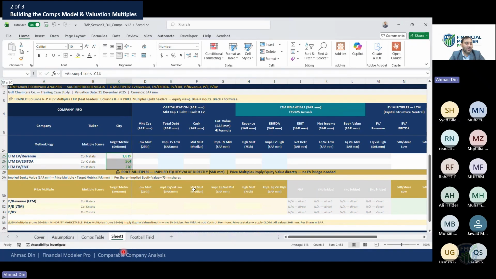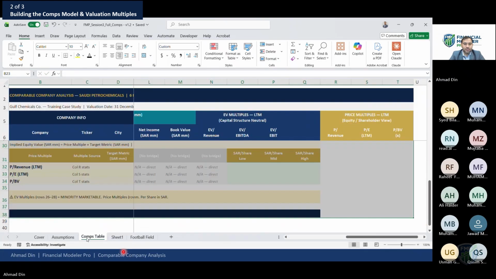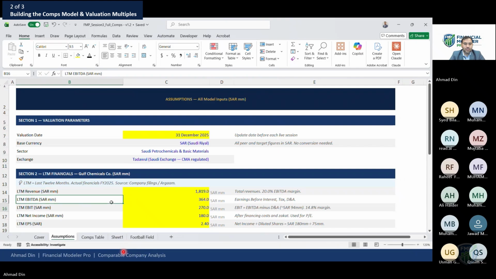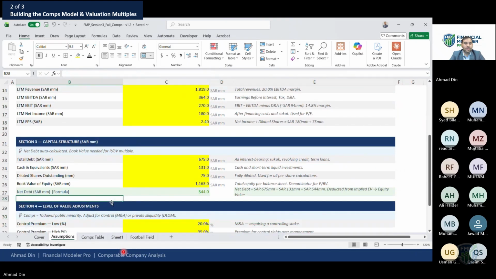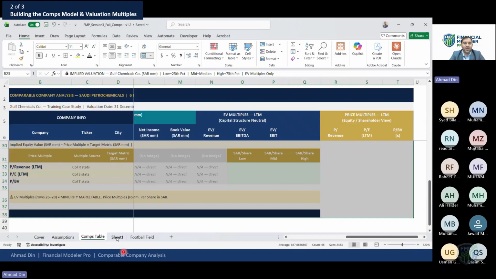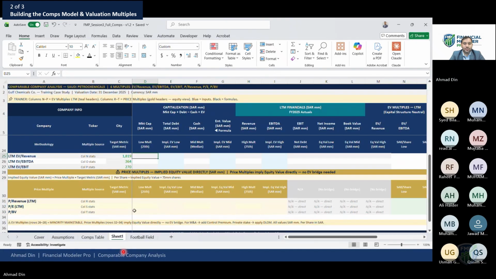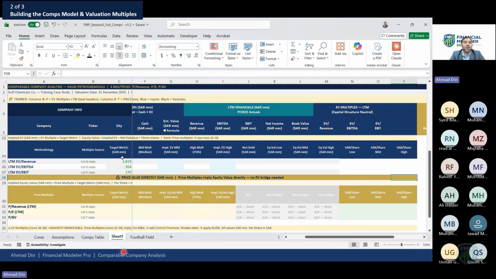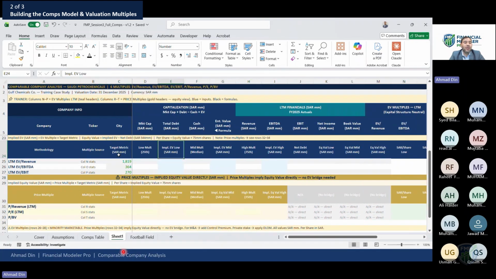For the market cap, we have the multiples. Now we have to calculate the multiples: on the market cap and on the enterprise value, what are our low multiple and high multiple.